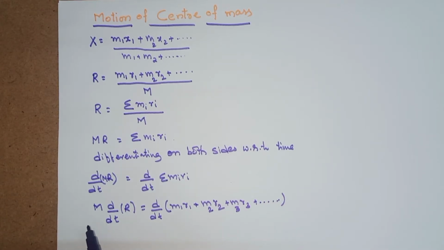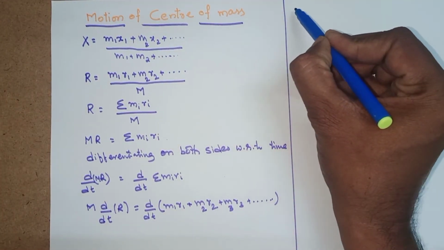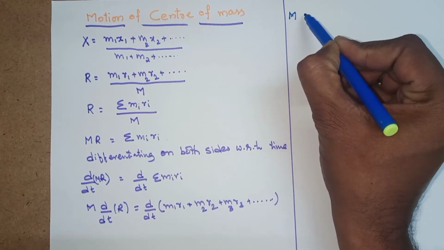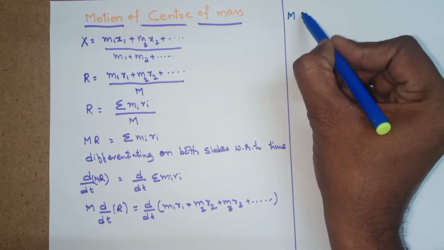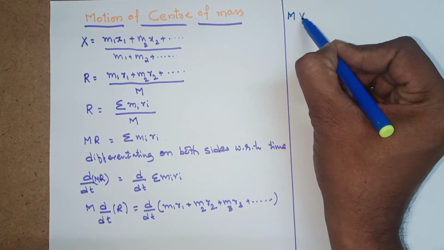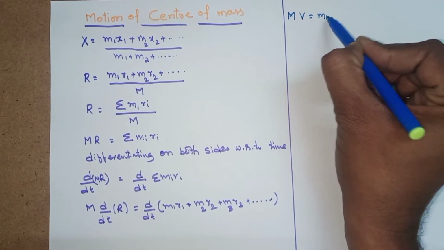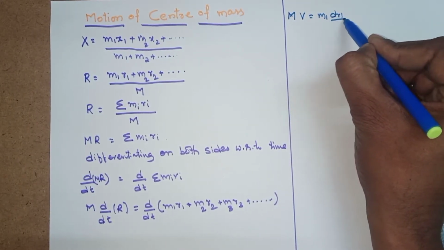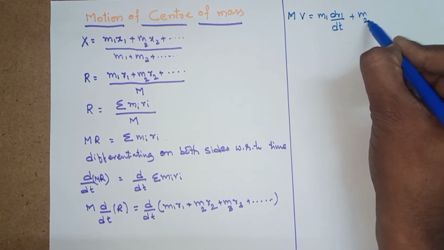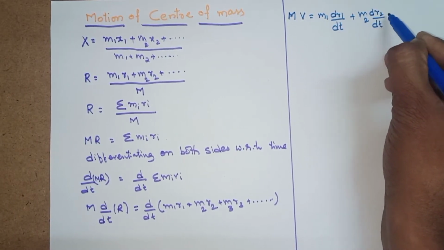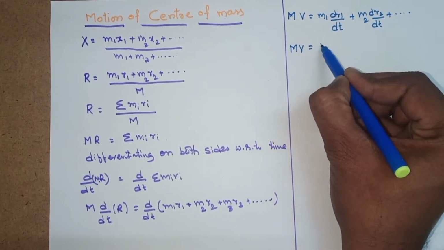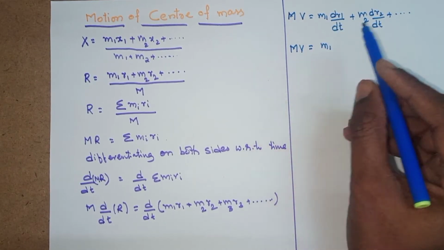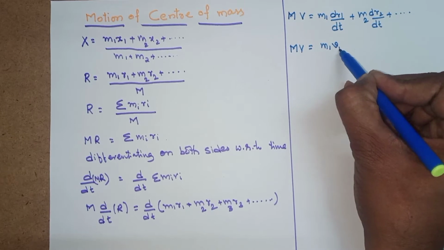Now M is taken outside, and dR by dt, which is the derivative of position with respect to time, we will write as the velocity of the system. We take m1 dr1 by dt plus m2 dr2 by dt and so on. So M into V is equals to m1 v1 plus m2 v2 plus m3 v3 and so on, where dr1 by dt is written as small v1.